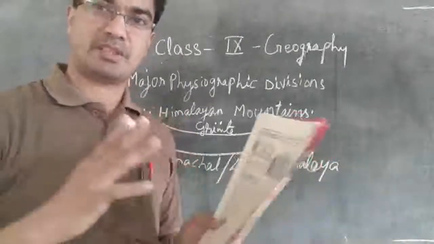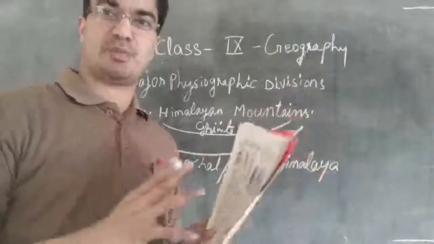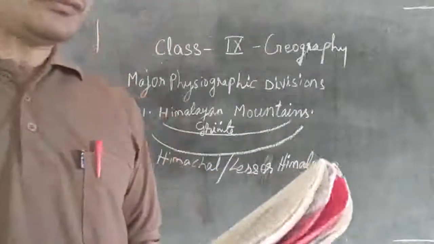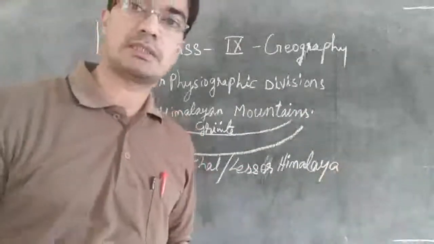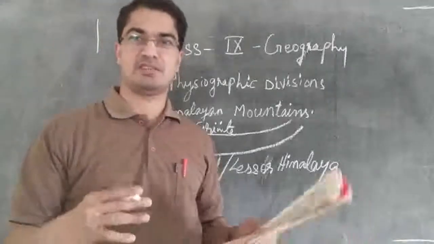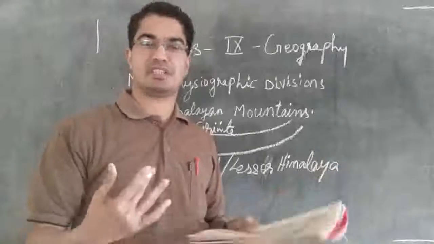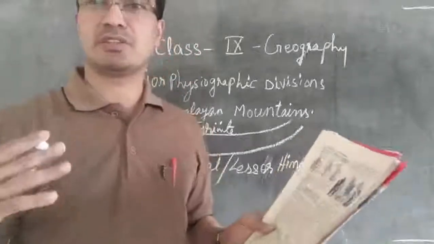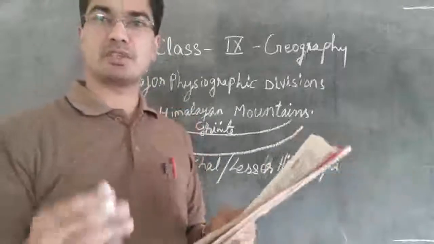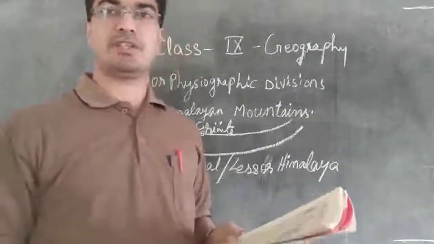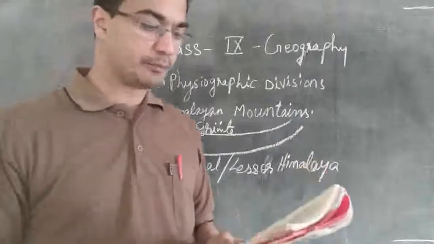Compressed means pressed together, pressed with pressure, and highly altered rocks. Altered means changing. That means the stones are not very hard. They keep changing shape. That means it is breaking and turns into powder and so on. The shape is changed. Alter means changing.